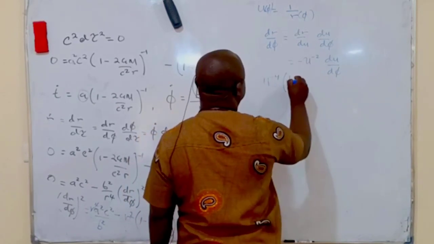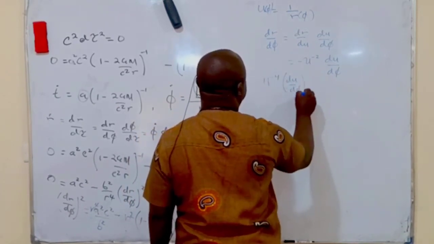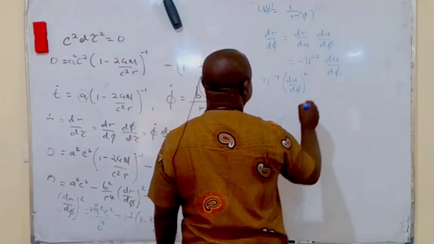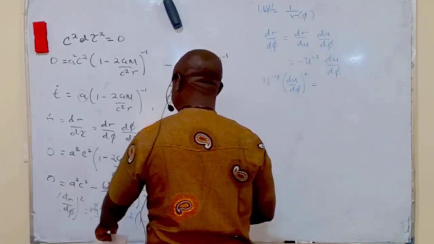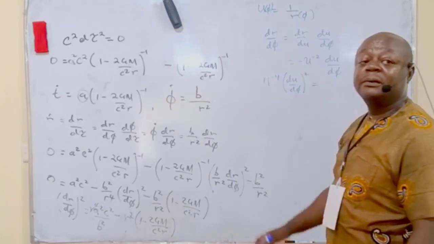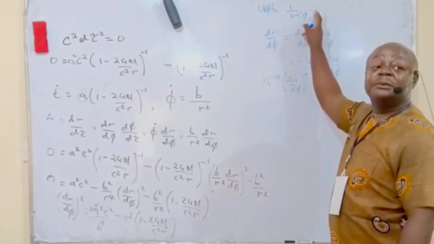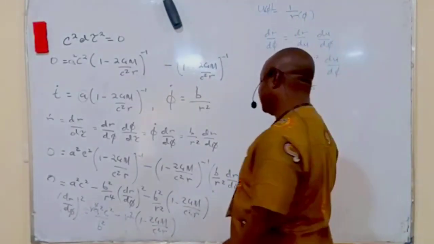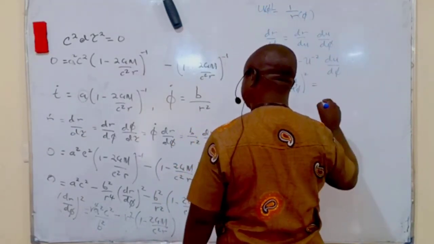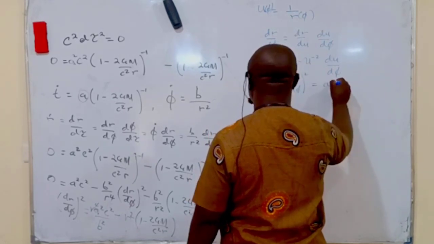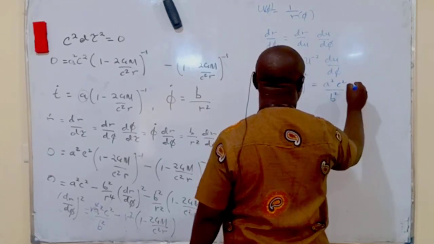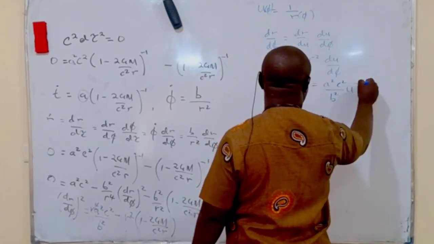Then you have du d phi, all of that squared, should be equal to, what is r? r to the power 4 will be 1 over u to the power 4. So it's going to give us a squared c squared over b squared, then we have u to the power minus 4. Is that not?